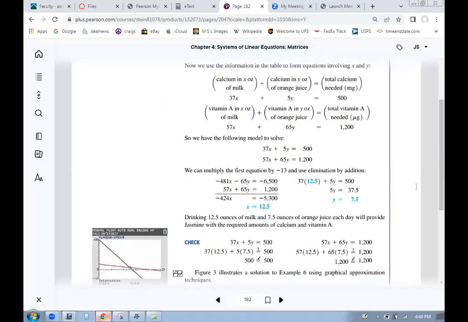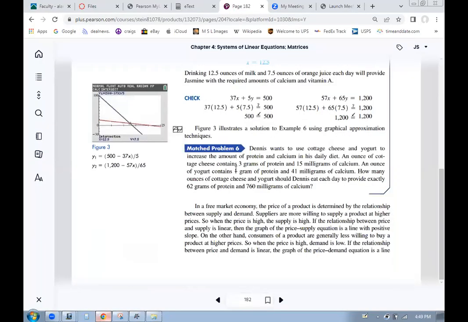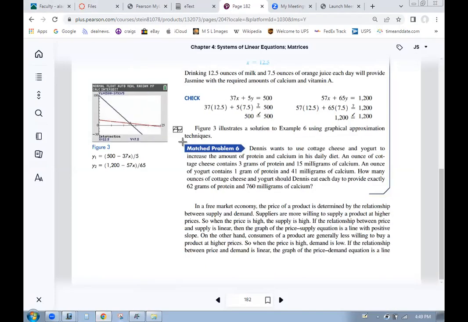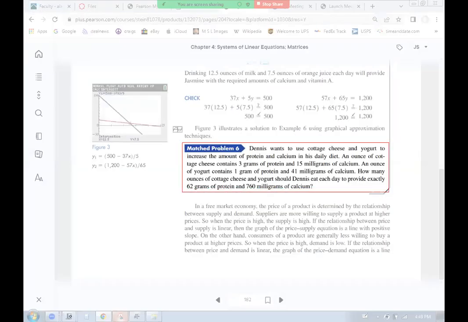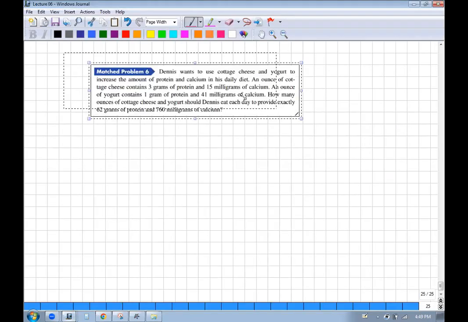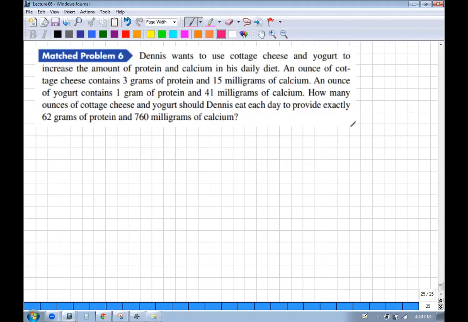All right, let's look at another example. Look at problem number 6. We're going to make a chart this time so we don't mess it up. Dennis wants to use cottage cheese and yogurt to increase the amount of protein and calcium.